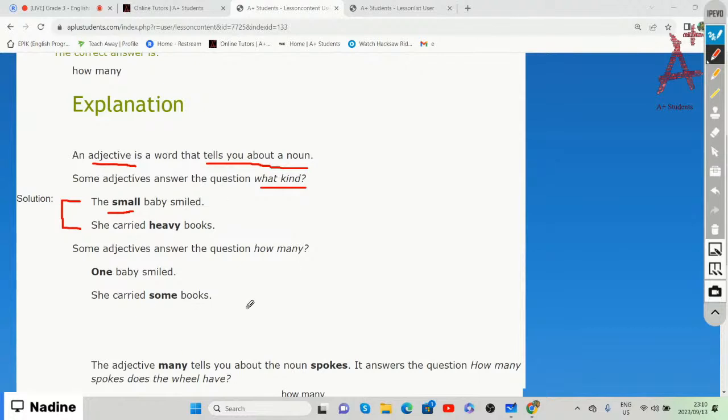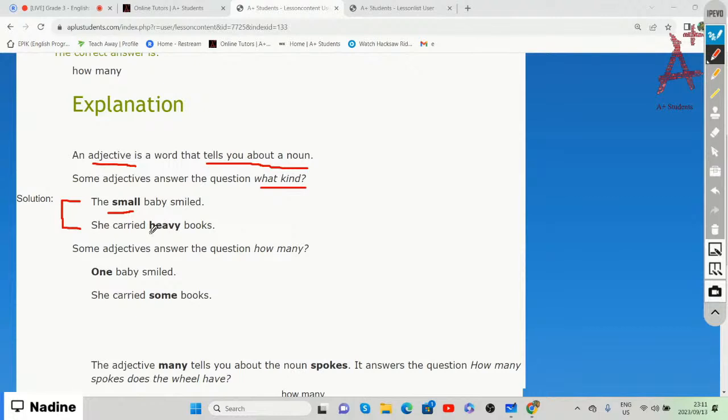So you are describing the baby, and answering questions like, what kind? What kind of baby? And then you're like, oh, that small baby, or the cooey baby, or the cute baby over there. So you are actually answering the question, what kind of baby?